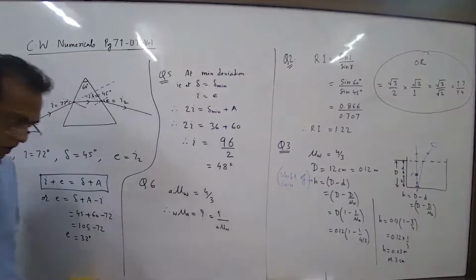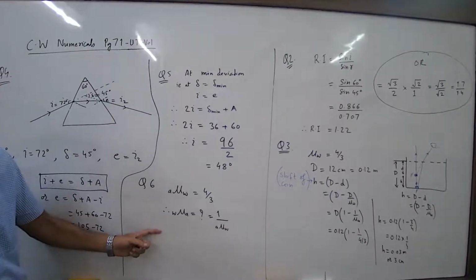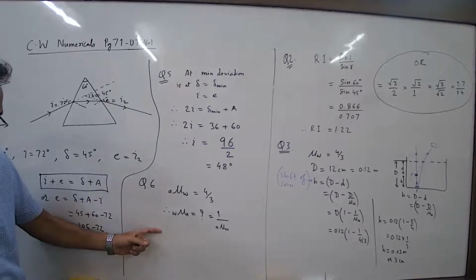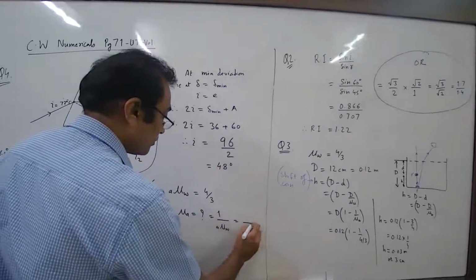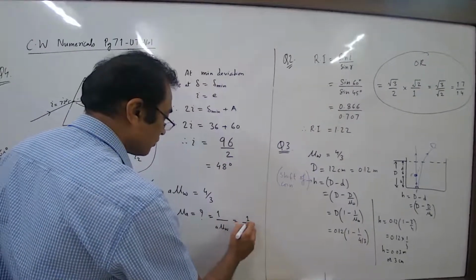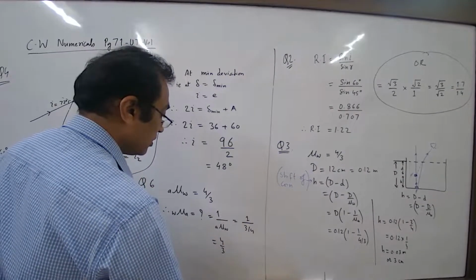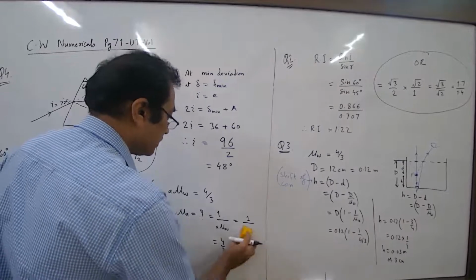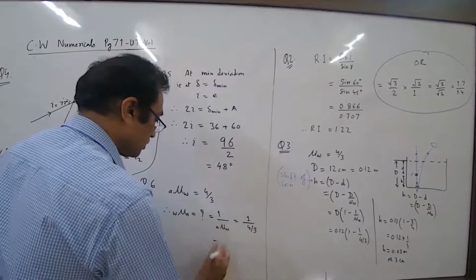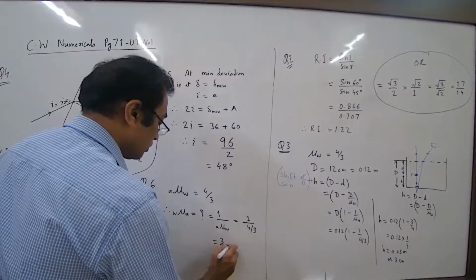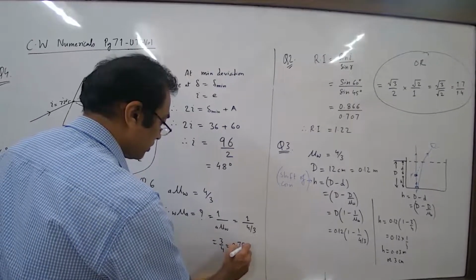We have done all these things, right? So it will be 3/4. So how much is this? This is 0.75.